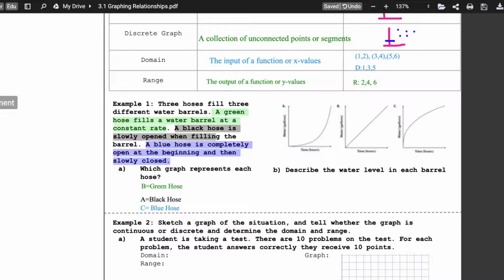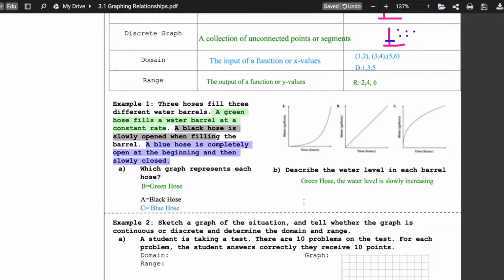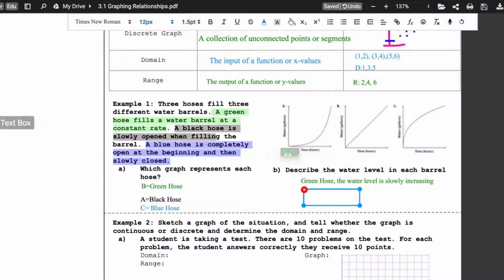All right, so now we've got to describe the water level in each bucket. So in the green hose, the water level is slowly increasing. That is what this graph tells us, right? For the black hose, again, if you look at the graph, it slowly increases and then rapidly increases.